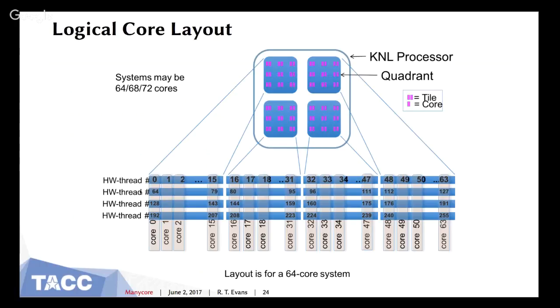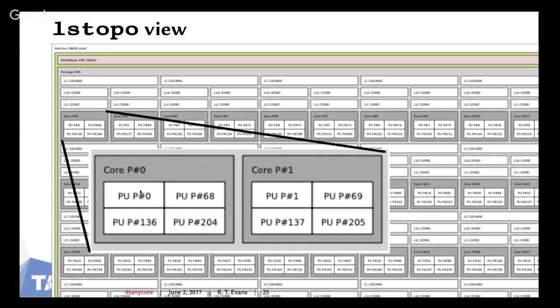And we have some tools that will show you where your threads run. This comes down to this lstopo view. You can see that this is one tile and there's core 0 and there's core 1. Then this shows the actual hardware threads and what the Linux operating system sees: 0, 68, 136, 204.